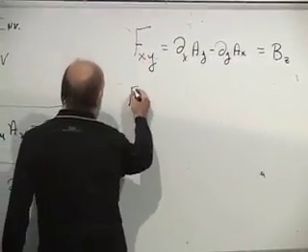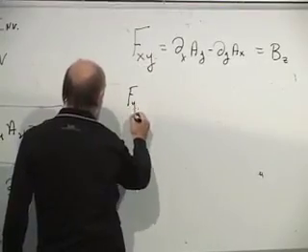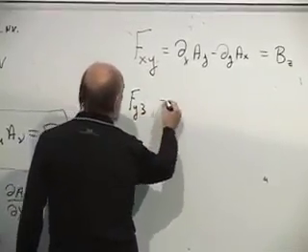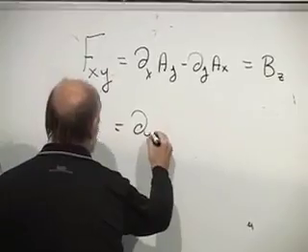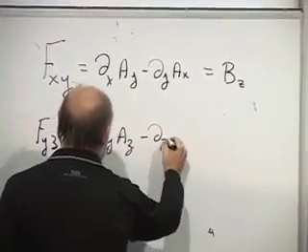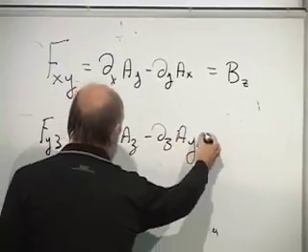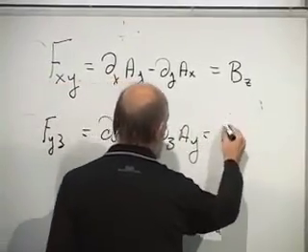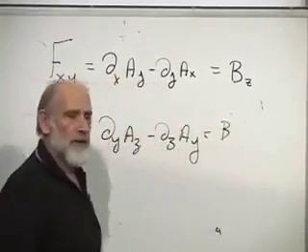So Fyz is equal to dy Az minus dz Ay. And that's what? That's Bx, what comes after z?